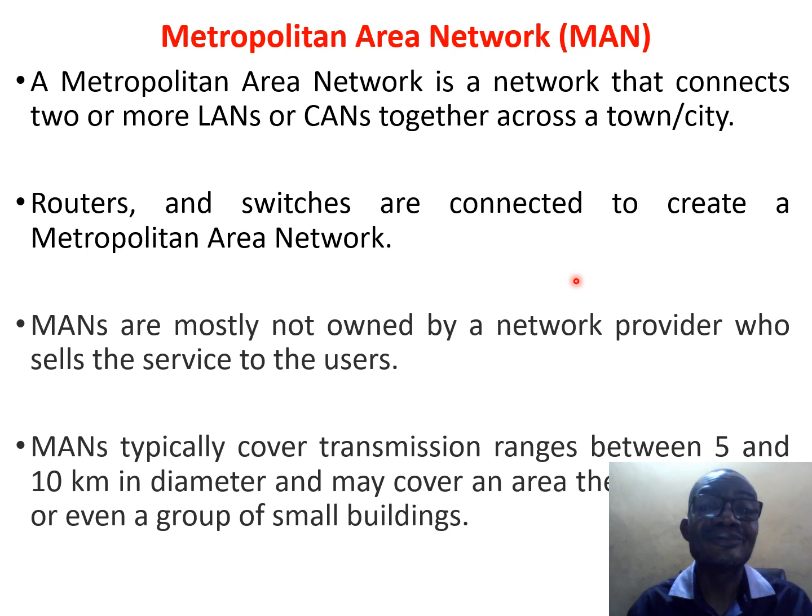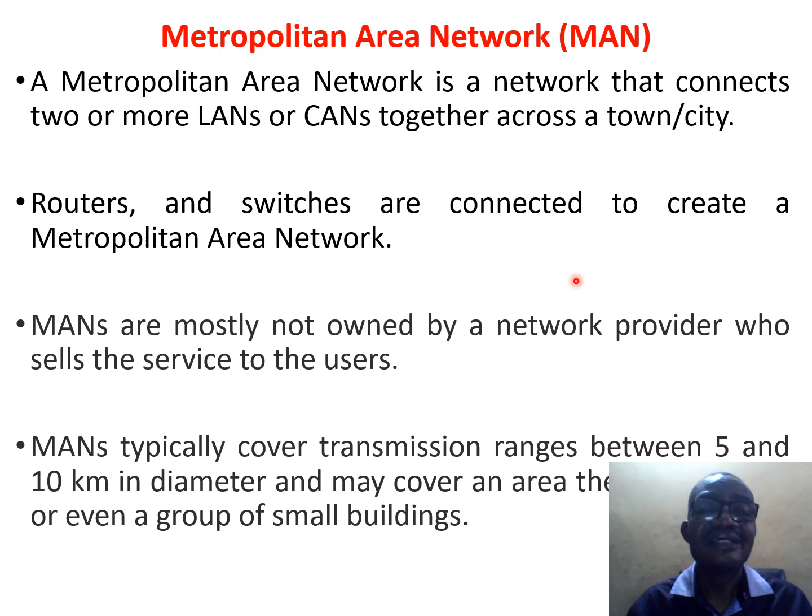Metropolitan area network. A metropolitan area network is a network that connects two or more local area networks or campus area networks together across a town or a city, like the city of Lagos. A computer network that connects computers within a state like Lagos State in Nigeria is a metropolitan area network.